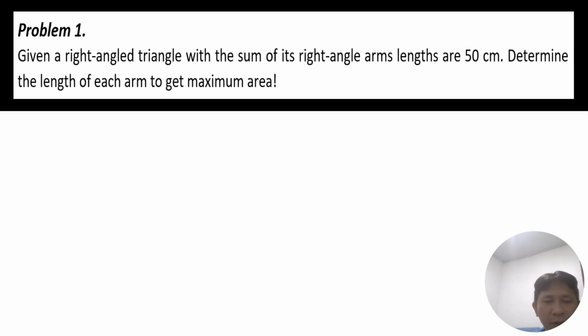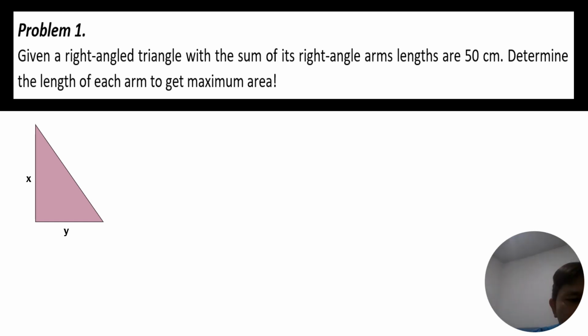Okay, now let's try to sketch this right angle triangle. This is the right angle triangle, and this is the base. Base equals y, and this is the height equals x.